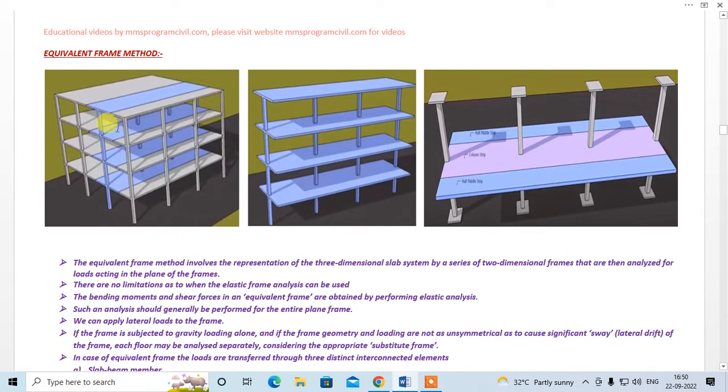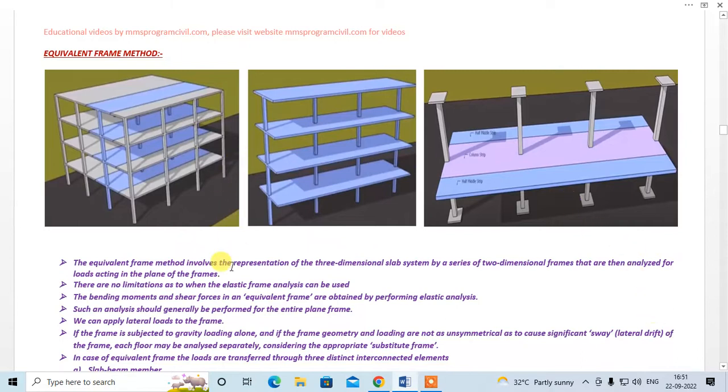So this is how you divide the whole 3D space frame into a number of equivalent frames in both directions, in this direction and in this direction, right? Okay. The equivalent frame method involves the representation of the three-dimensional slab system by a series of two-dimensional frames that are then analyzed for loads acting in the plane of the frames, right?